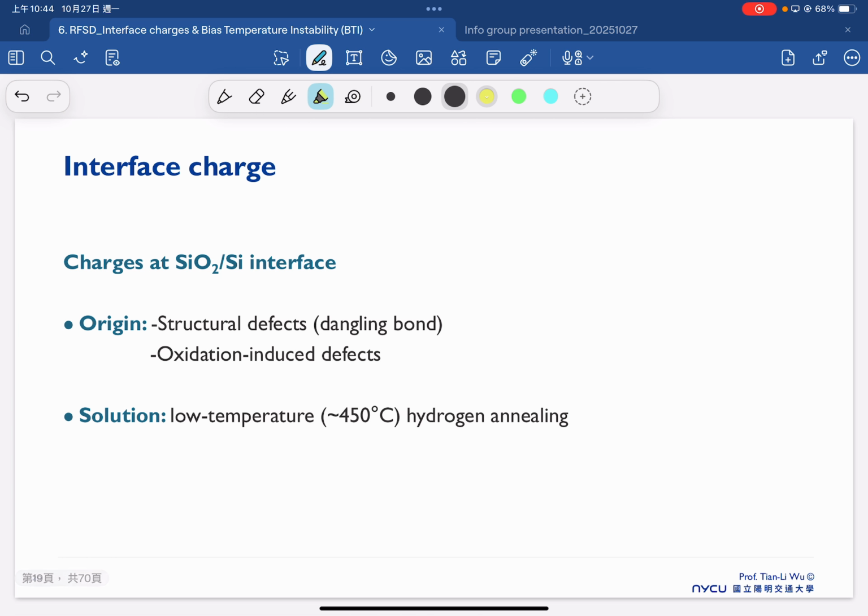So here is just another short summary: the interface charge, in the case of silicon dioxide, is due to the dangling bond, where we might have the silicon hydrogen dangling bond. And then we can perform a low temperature hydrogen annealing. Sometimes we call it forming gas annealing.